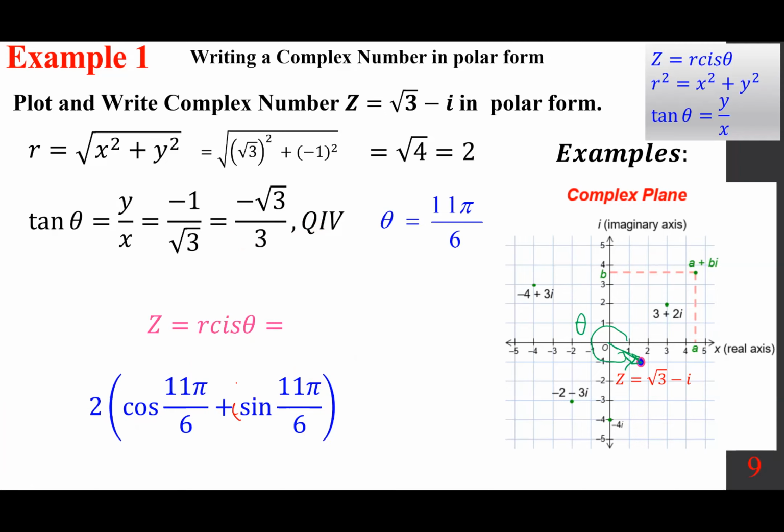The i was missing here, so I wanted to write that for you. We definitely need the i there. Or simply put, you can write 2 cis 11 pi over 6. Either way is fine.